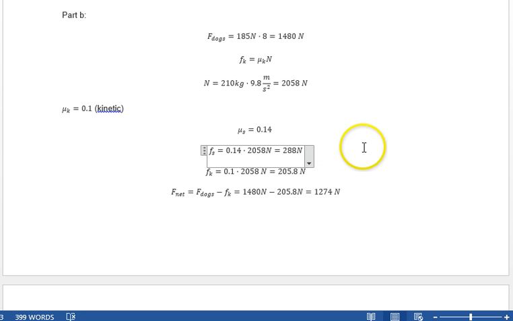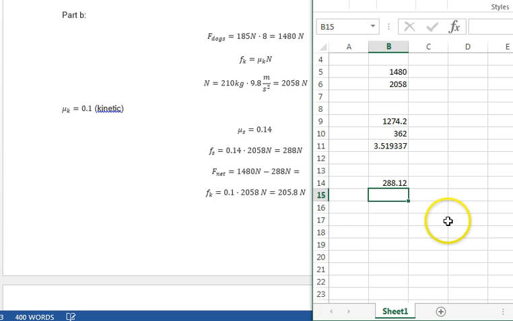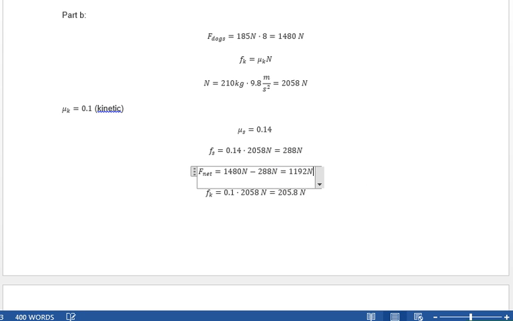And so the net force before you start moving is 1480 newtons minus 288 newtons, 1192 newtons.